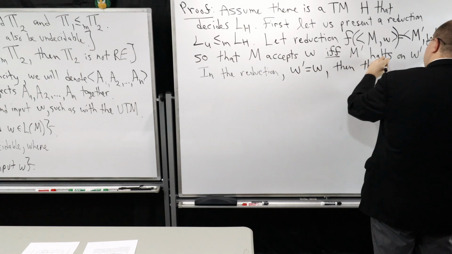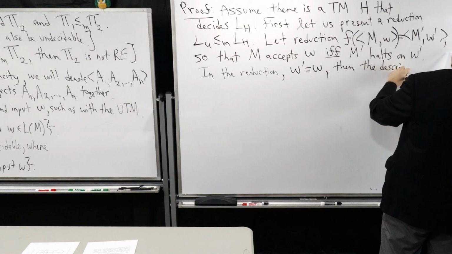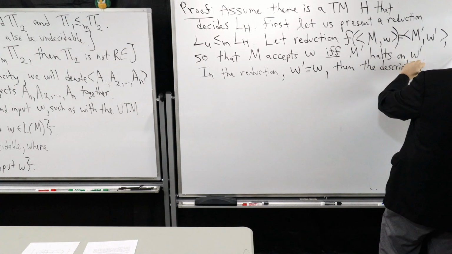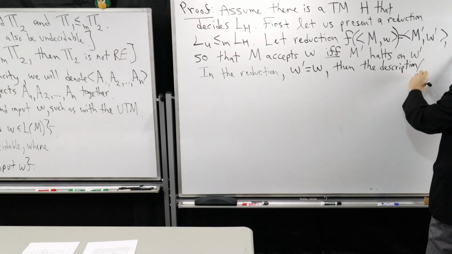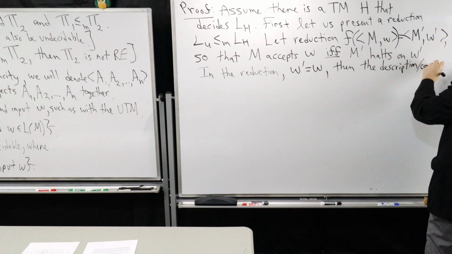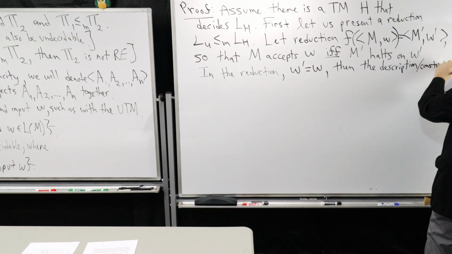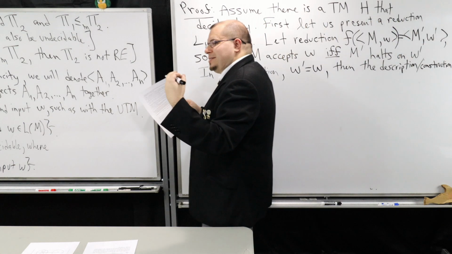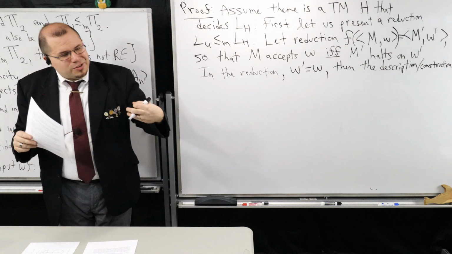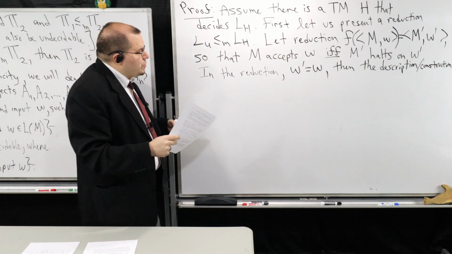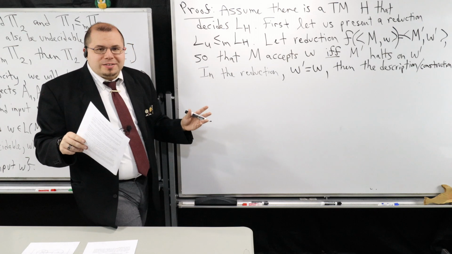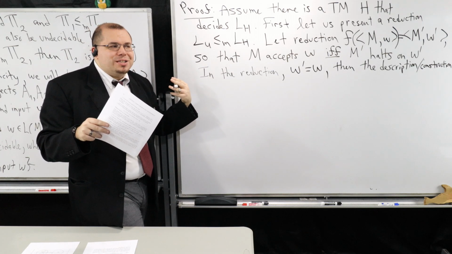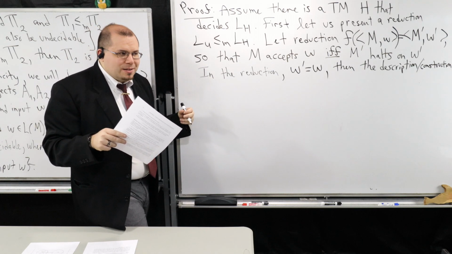When I describe this Turing machine to you, you can think of it like a conversion or construction. It's going to be some description of a Turing machine. What you need to convince yourself of is that I have some Turing machine that can make these modifications, okay?